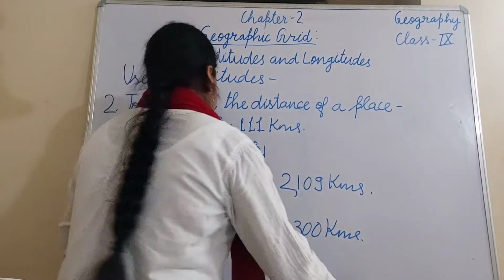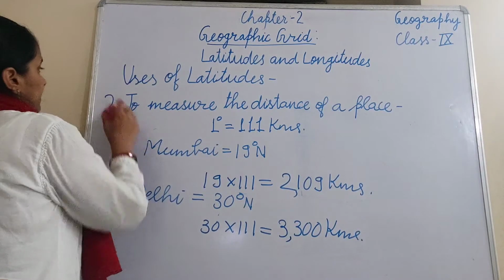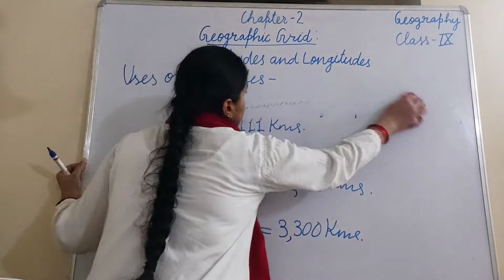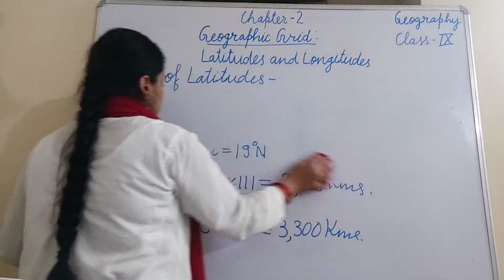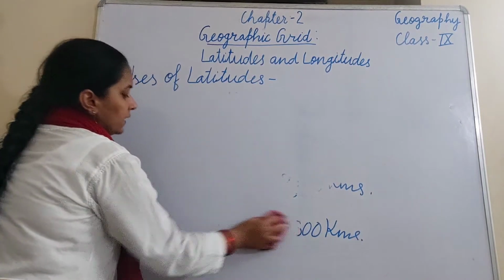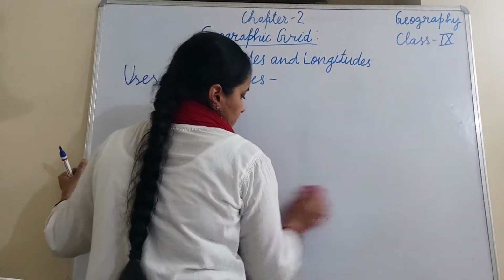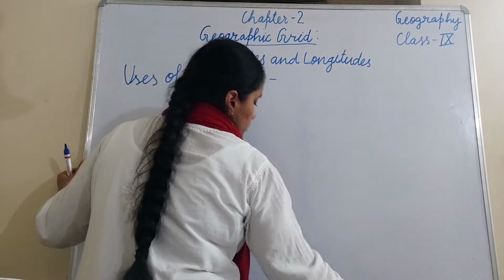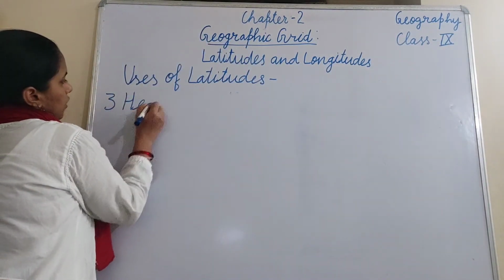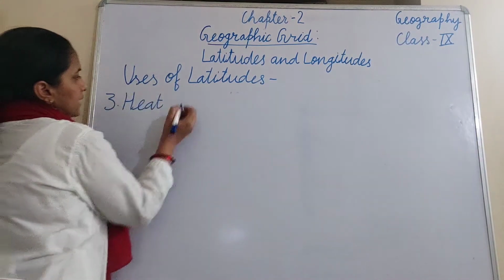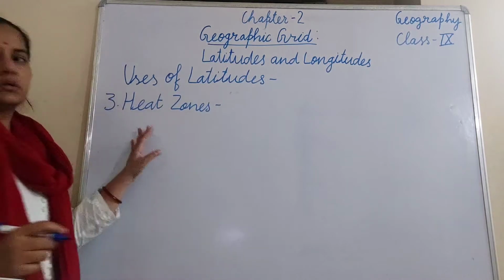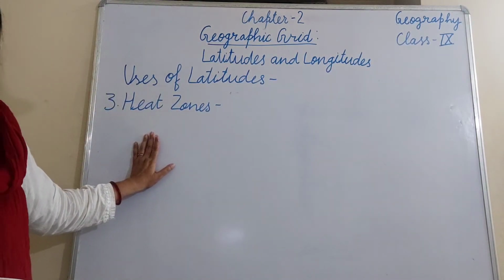Now we will discuss the next use of lines of latitude, which is very important: these lines of latitude divide the Earth into various heat zones. What are the various heat zones? Let's discuss. The third use of lines of latitudes is that they divide the surface of the Earth into various heat zones.